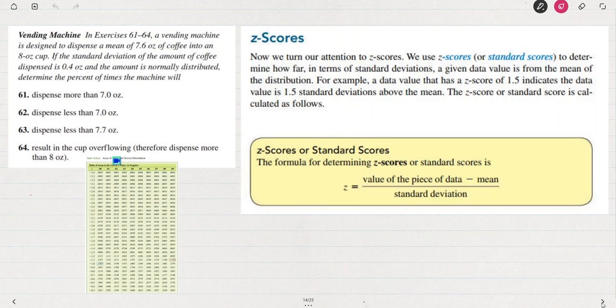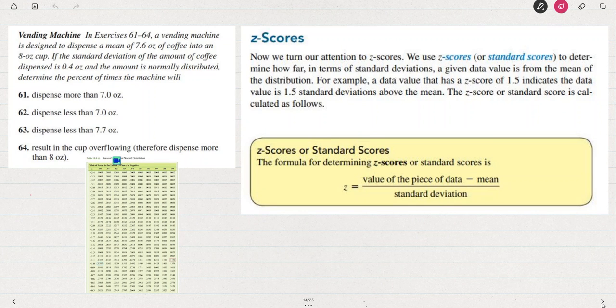It's a vending machine. A vending machine is designed to dispense a mean of 7 6/10 ounces of coffee into an 8-ounce cup. The standard deviation of the amount of coffee dispensed is 4/10 of an ounce, and the amount is normally distributed. What we want to do is determine the percent of times that the machine will misbehave in these different ways.